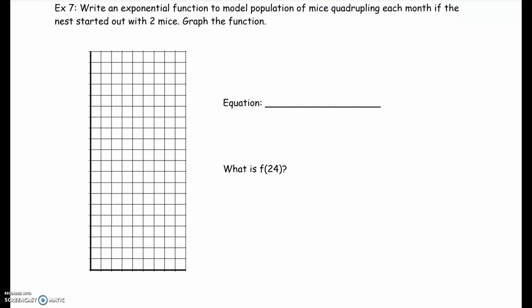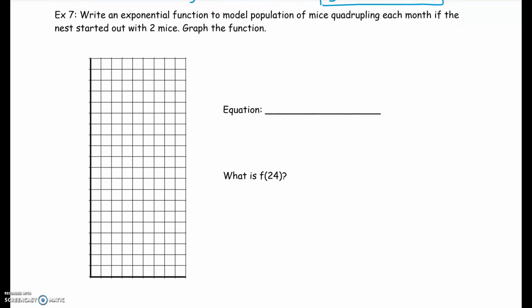All right, and number 7, we got another one with a graph. So it says, write an exponential function to model the population of mice quadrupling each month if the nest started out with 2 mice. Graph the function. So here we're going to say, well, what is our A value? What are we starting with? We're starting with 2 mice. What's our rate? How is it changing?